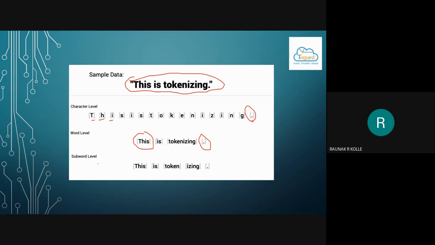In the subword level tokenization, the words this and is are similar to the previous situation in word level tokenization because they are complete words and cannot be broken down into any smaller versions. The word tokenization can be broken down into two subparts: token and izing. Hence, there are two tokens in the subword level.